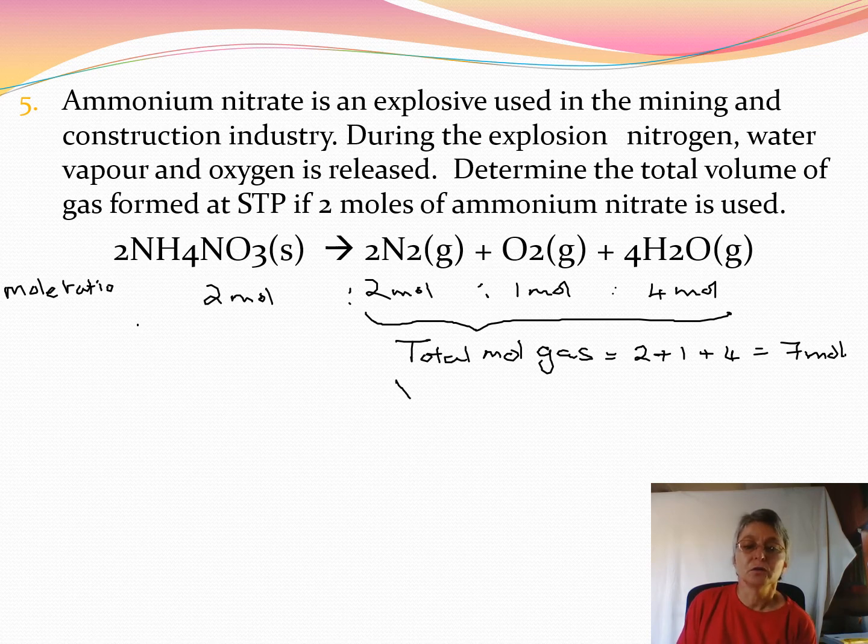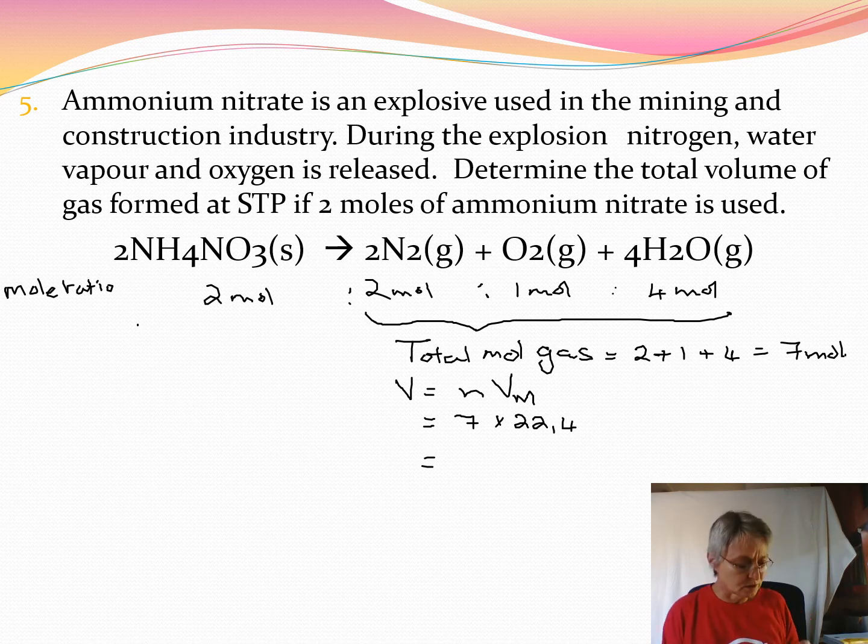So the volume of 7 moles of gas at STP will be the moles times the molar volume. So it's 7 times 22.4 cubic decimeters, which is 156.8 cubic decimeters.